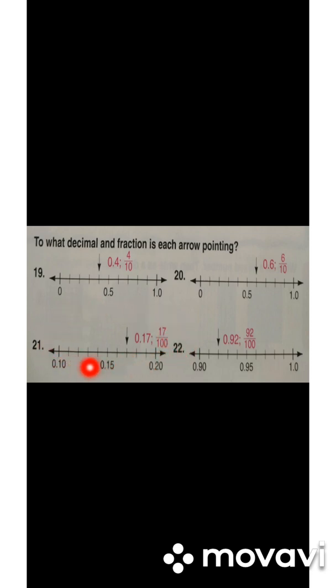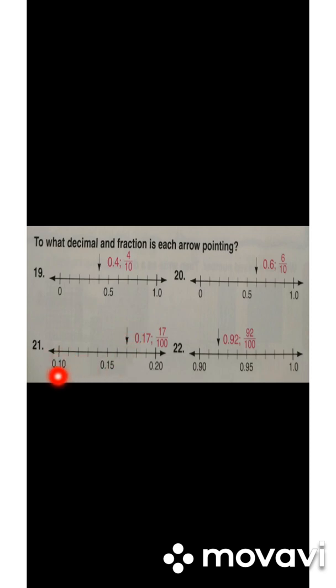Look at this example. Is this number line for tenths or hundredths? Start with 10 hundredths. So yes, this number line is for hundredths. We want to determine the fraction on this arrow. Let's count.